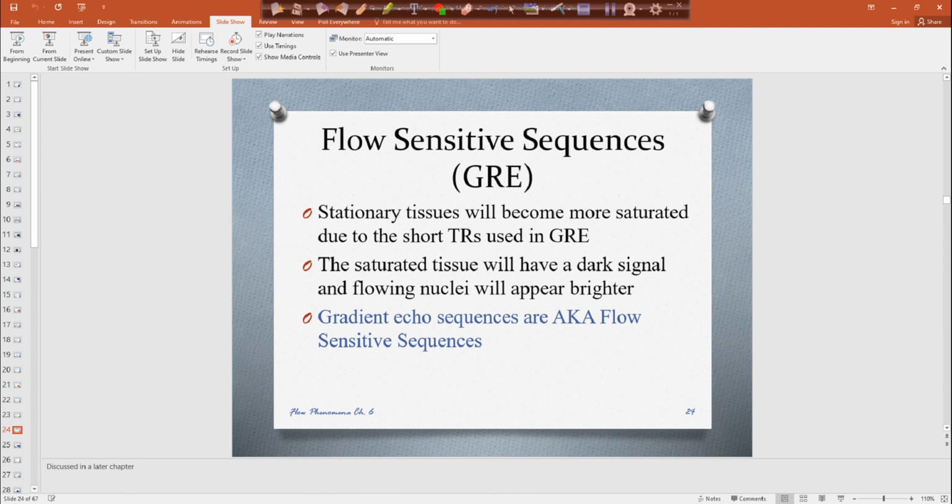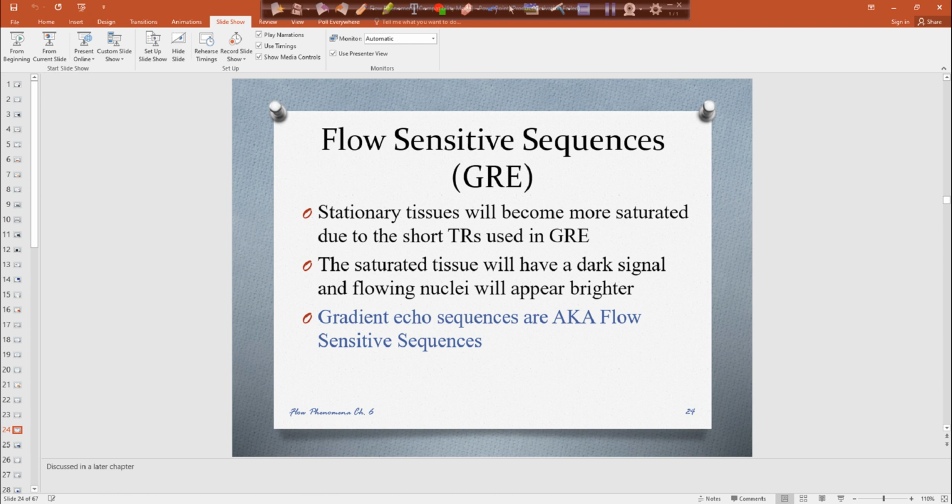But we don't really care about the stationary tissue when we're doing MRA. So we want those stationary tissues to receive as many RF pulses as possible so that the stationary tissues start to get more and more saturated. So the saturated tissues, which is stationary, will have dark signal compared to our flowing nuclei, which comes in fresh.